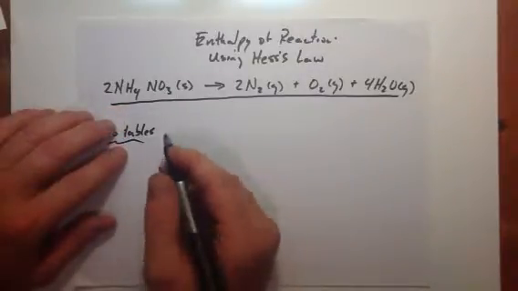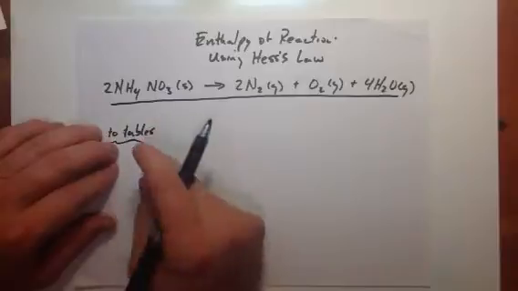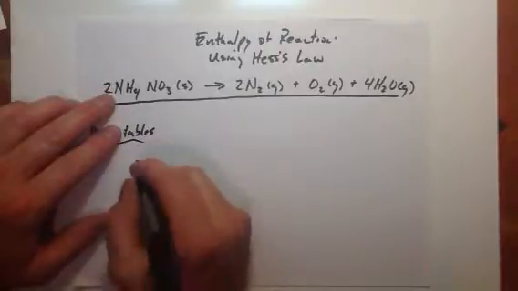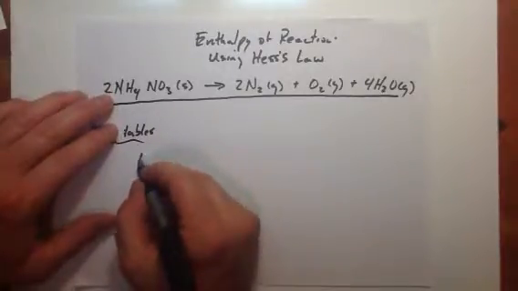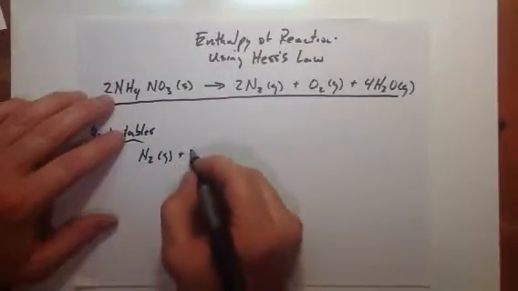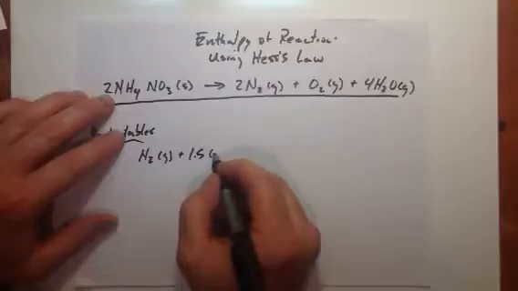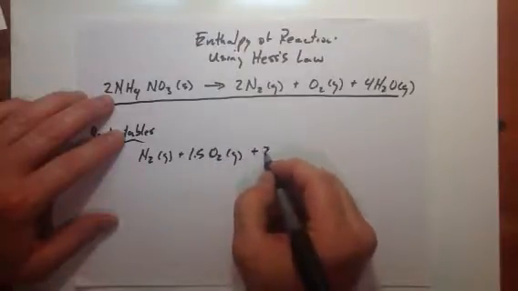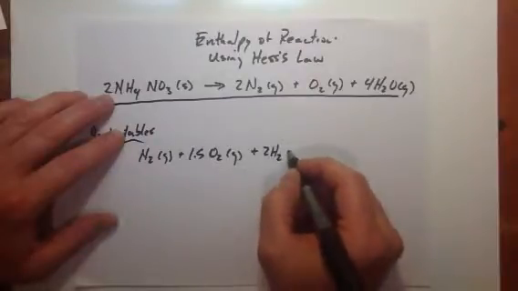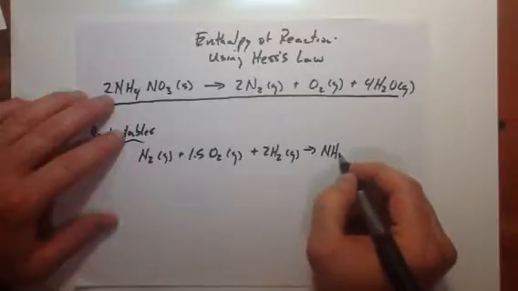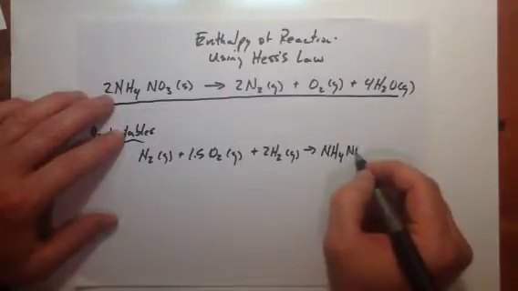So let's take some reactions that we'll use to indirectly, through Hess's law, build our reaction and thus know the enthalpy of reaction. From a table we can find that from elements, N2 as gas plus oxygen as gas plus hydrogen as gas, we can make ammonium nitrate.